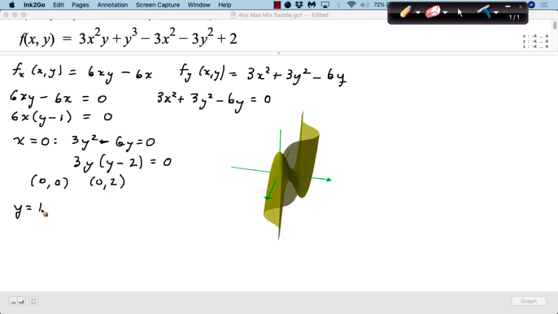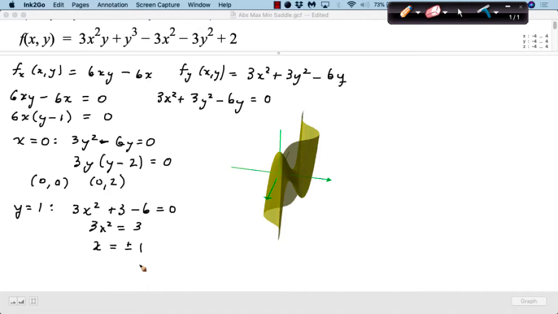Going back to the first equation, if y equals 1, then we have 3x squared plus 3 minus 6, which means 3x squared equals 3, and x could be plus or minus 1.